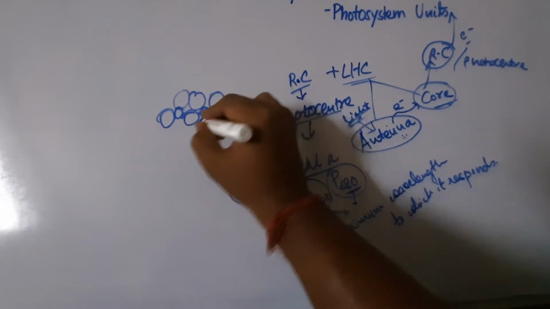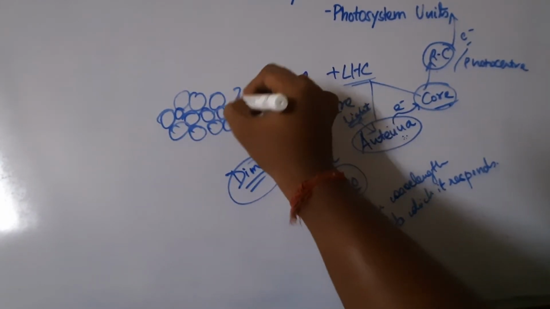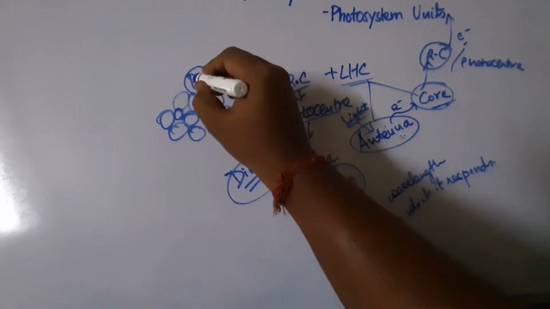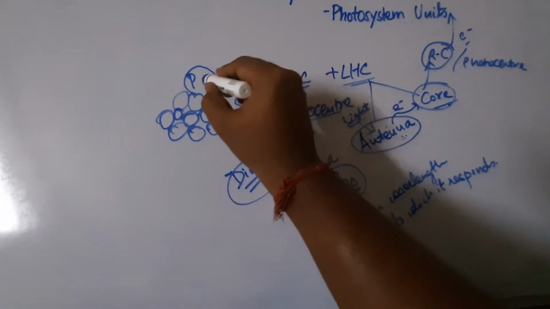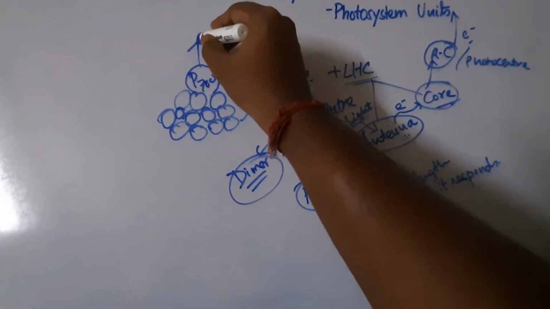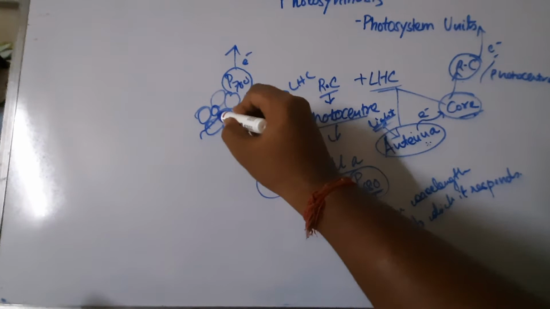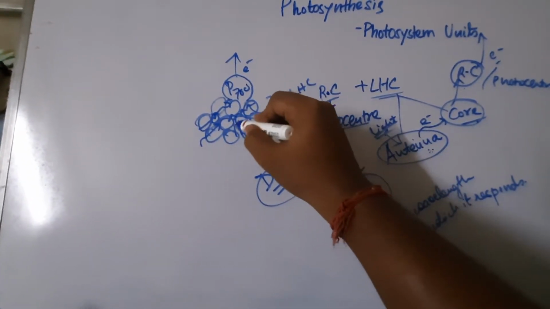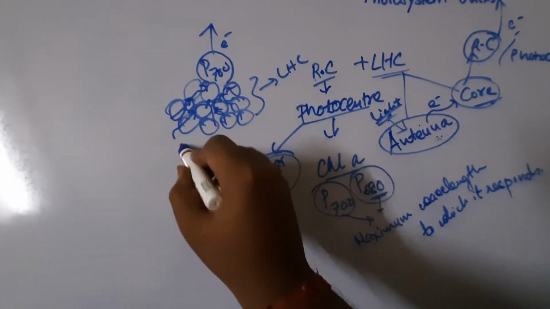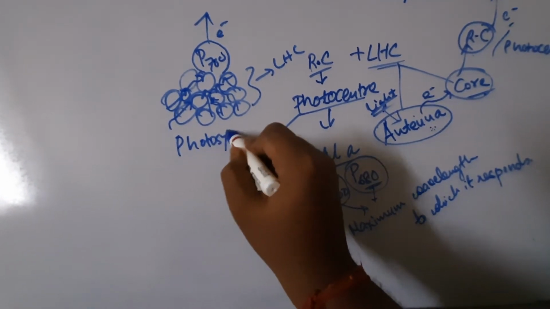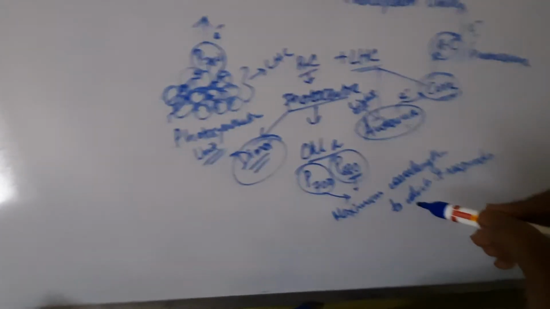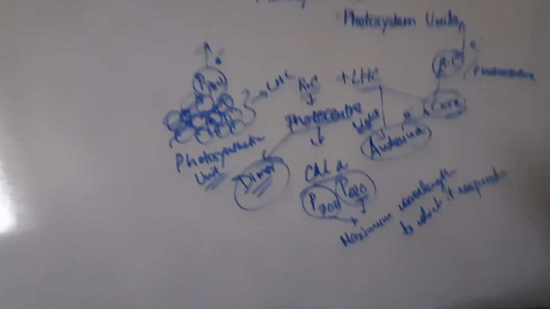These are the antenna and core molecules, that is the light harvesting complex, the LHC, and here is the P700 or P680. The electron is traveling from antenna to core, and then it is jumping. So this is a photosynthetic unit.